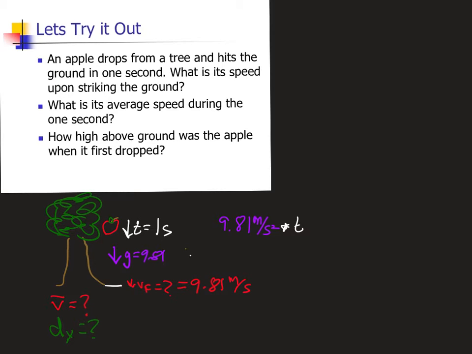Now, an object that is falling is going to be d sub y, or just y, equals 1/2 g t squared. Well, this one also isn't too terrible, because 1 squared should be just 1.